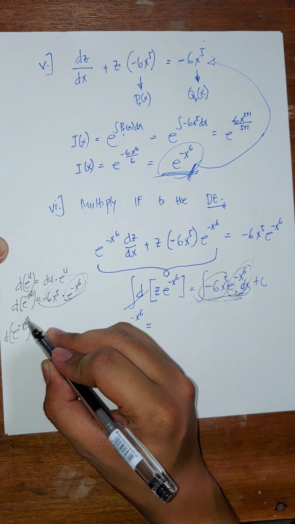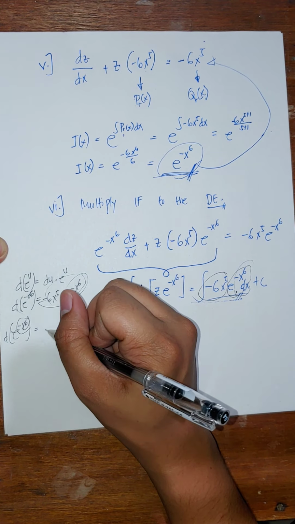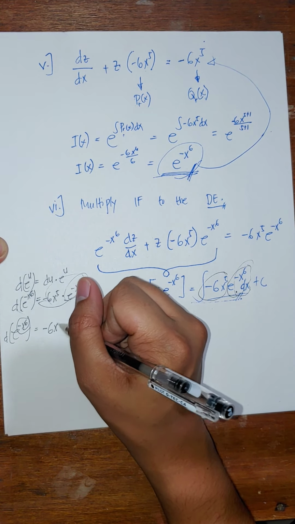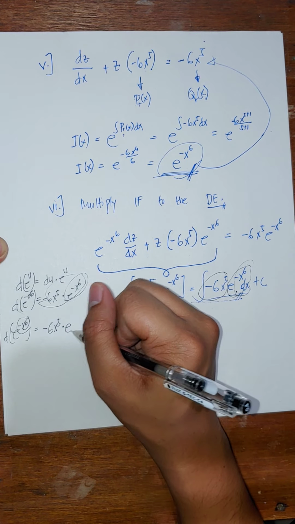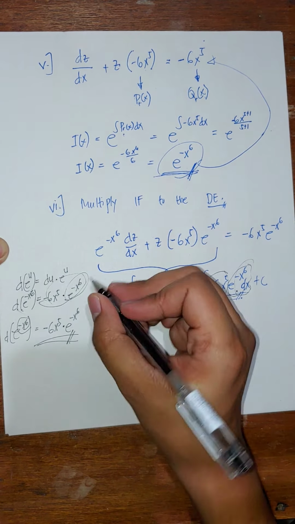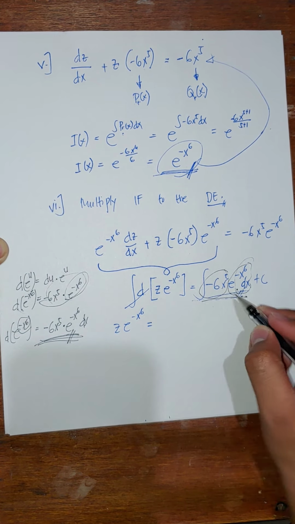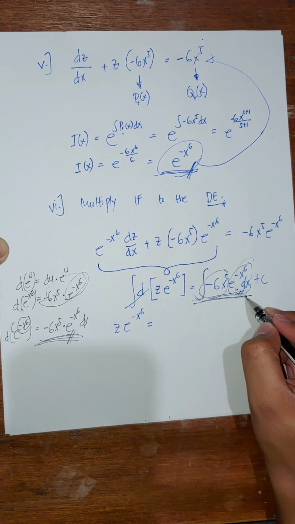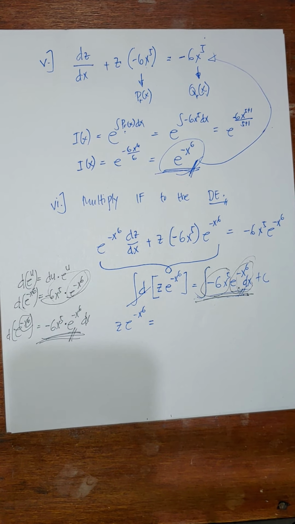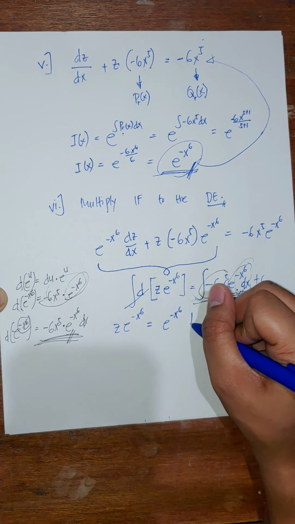Let's check. The derivative of e to the negative x to the 6th power: the derivative of the exponent, negative x to the 6th, is negative 6x to the 5th, times e to the negative x to the 6th power, dx. So it is the same as here. So the integral of this side is just equal to e to the negative x to the 6th power plus c.